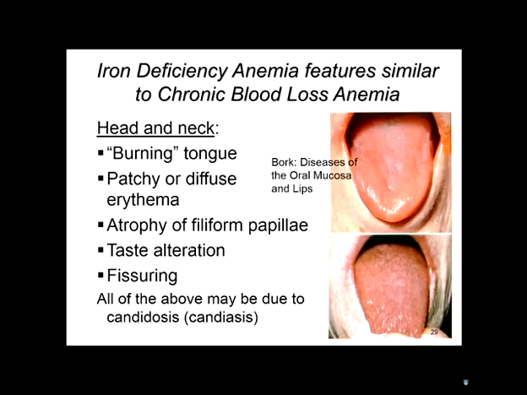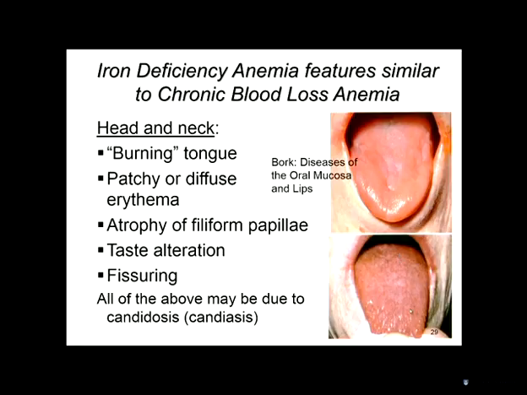And then there is a feature that we see quite a bit. It's called fissuring of the tongue. And the fissuring of the tongue is also nonspecific. Just because you see all of these features doesn't mean the patient absolutely has anemia, but it's something to consider as part of your differential diagnosis. Fissuring of the tongue, which is difficult to see on this picture. I'll find a better picture next time.